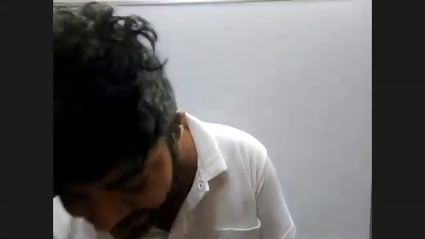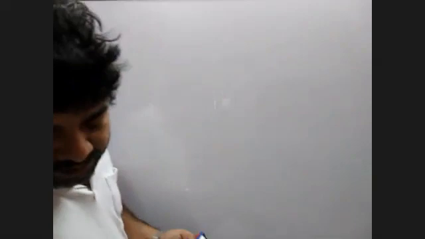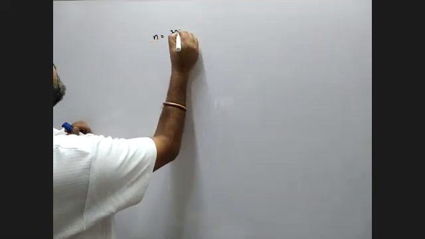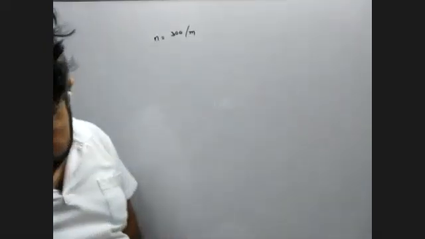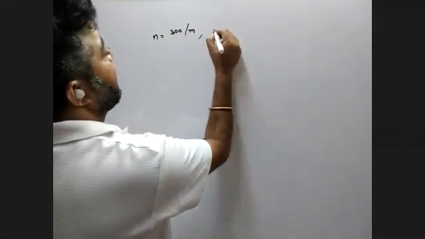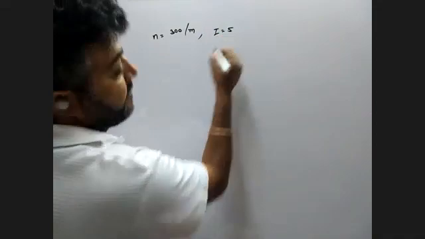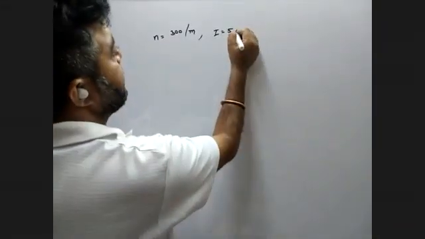The plus point is that these questions are very predictable; they are not as complicated as mechanics questions. First question: a solenoid of 300 number of turns per meter is carrying a current of 5 ampere.